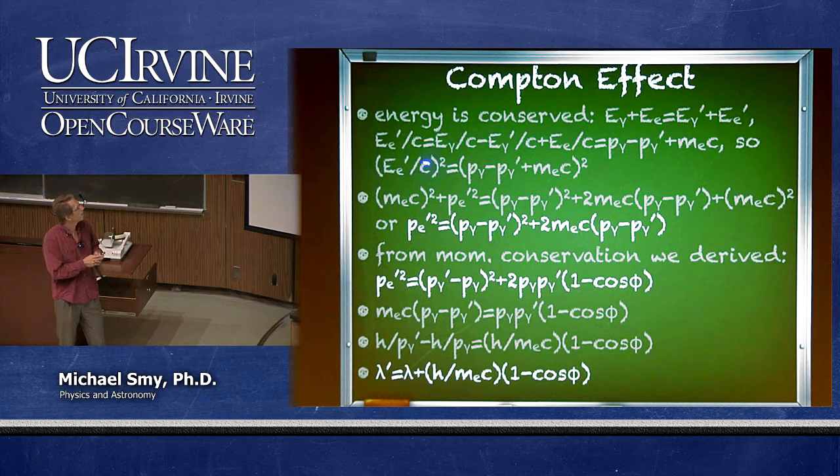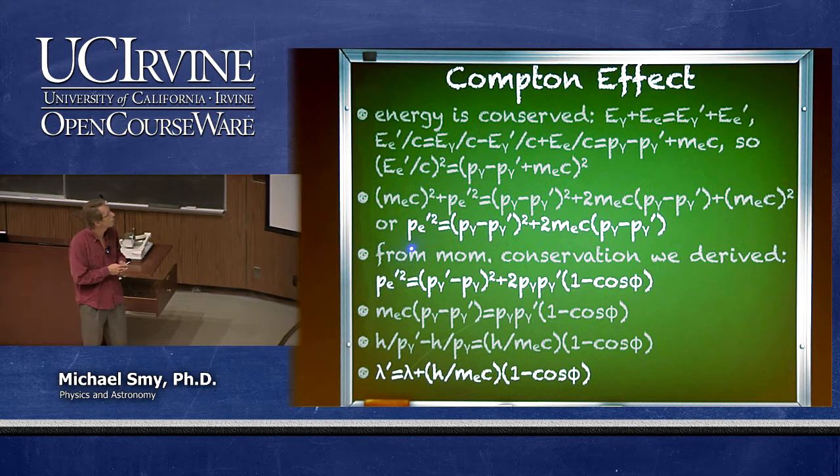So now if I square the whole thing, I can use the Einstein relation on the left-hand side, and on the right-hand side, I just multiply it out with the binomial formulas. So the difference in momenta square plus a mixed term plus the rest momentum square. And I get this relation for the momentum of the electron after the collision.